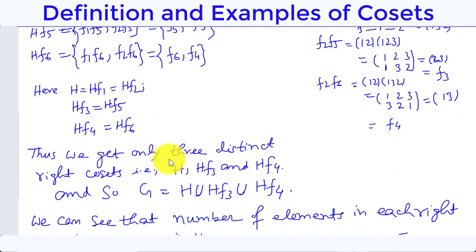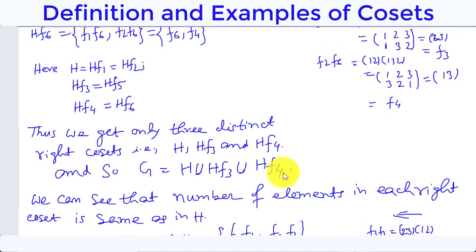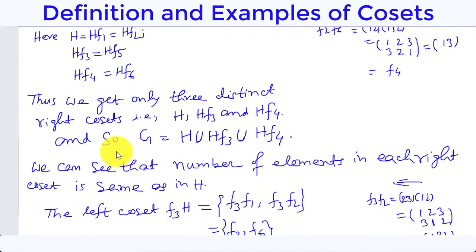Thus we get only three distinct right cosets, that is H, Hf3 and Hf4. So G is the union of all right cosets of H, that is G is equal to H union Hf3 union Hf4. We can see that the number of elements in each right coset is the same as in H.